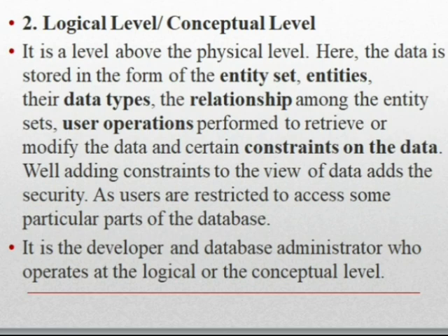This is the actual conceptual level where the different types of entities, their attributes, their data types, how the tables are related to each other, who the authorized users are for accessing and changing the data, and what constraints we have enforced on the tables can be described.